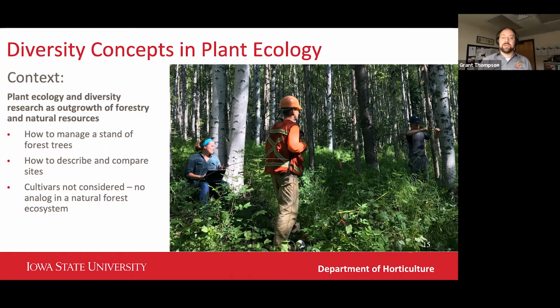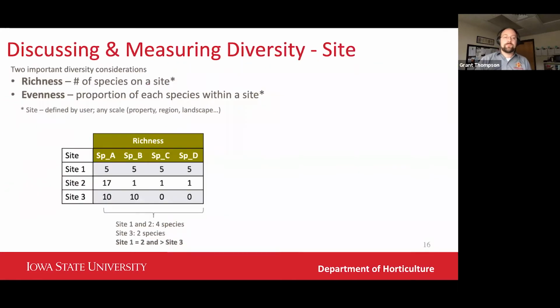Or if we are looking at virgin forests or second growth forests, how do we look at where certain species might be? And importantly, and I'll bring this up a couple of times later, cultivars are not even considered in this case. There's no natural analogy in a forest system to a cultivar or a cultivated variety that we would use in a horticultural or urban forestry system.